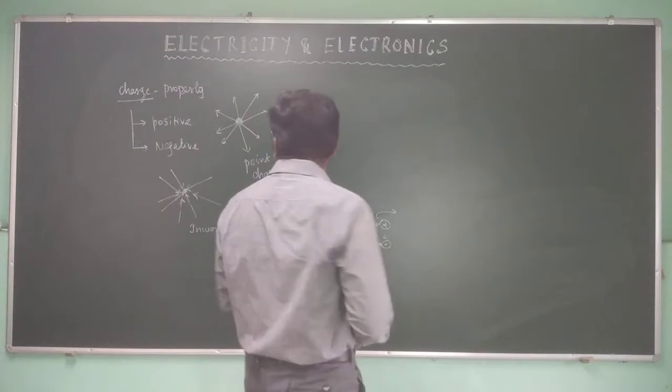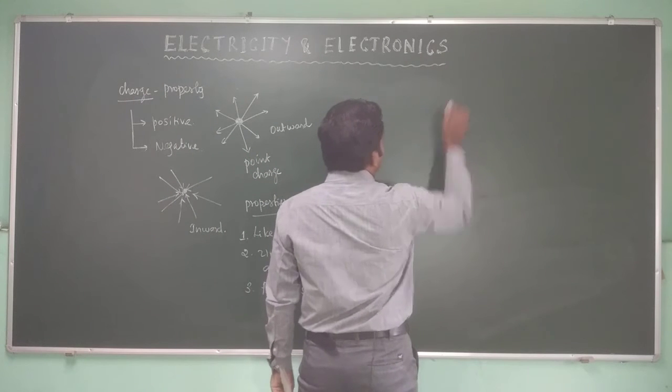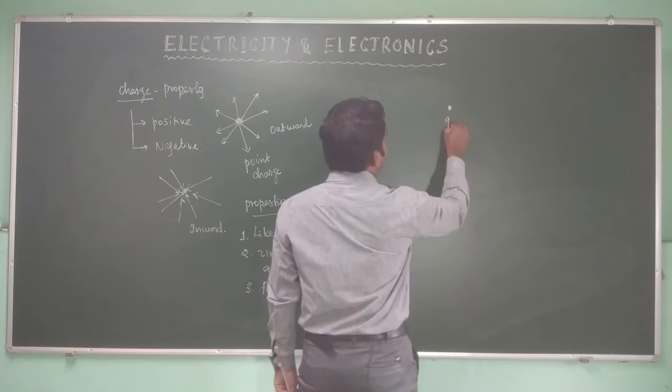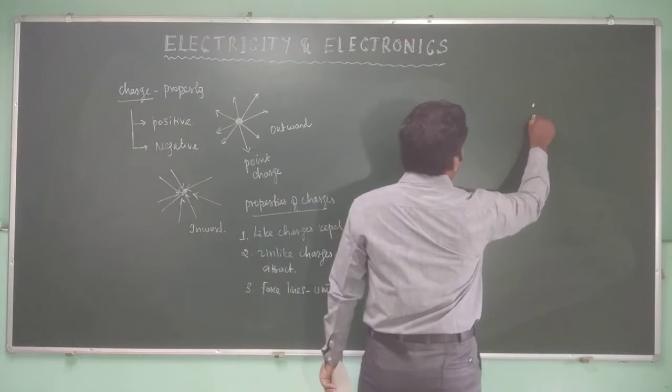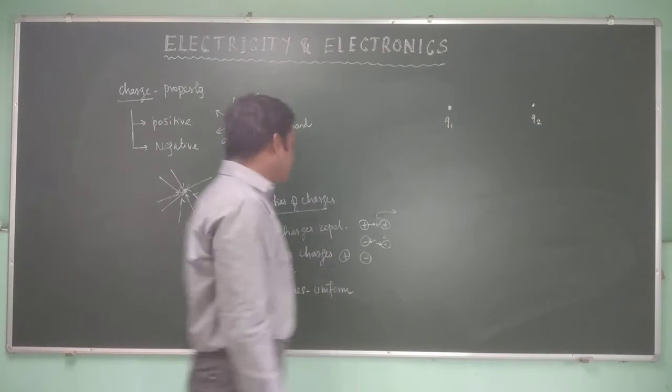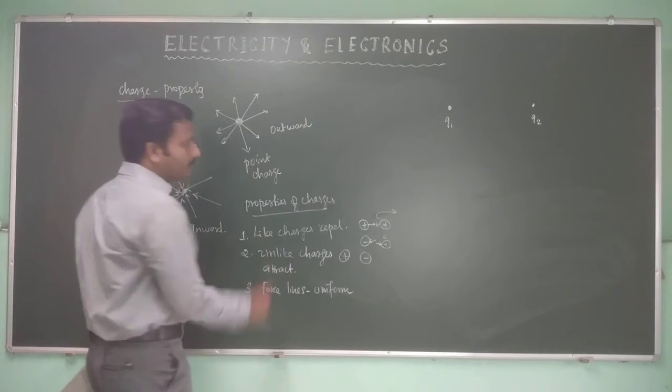Now, assume that we have a point charge here, let us say Q1. We have another point charge here, let us say Q2. According to the properties of charges, like charges repel, unlike charges attract.